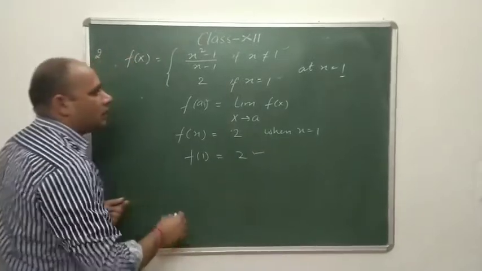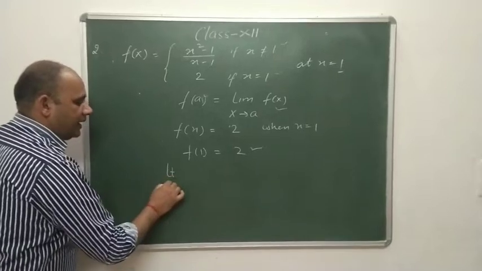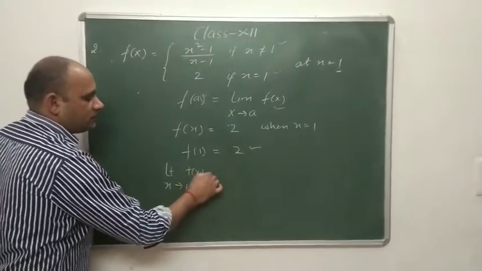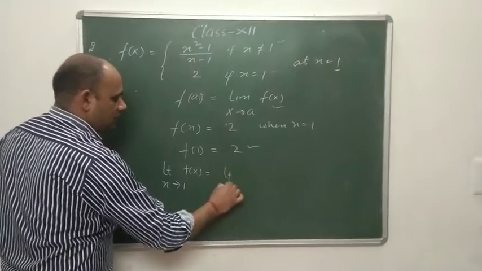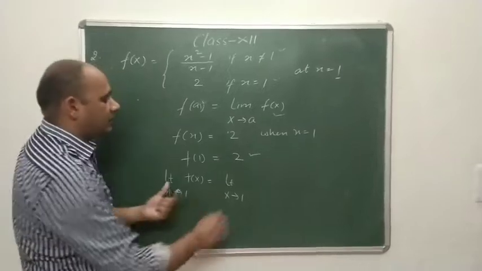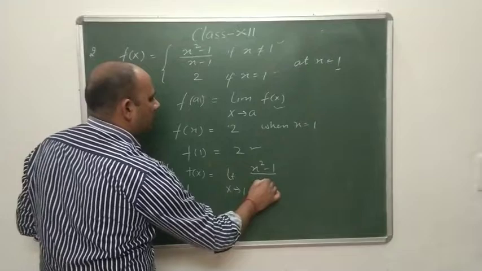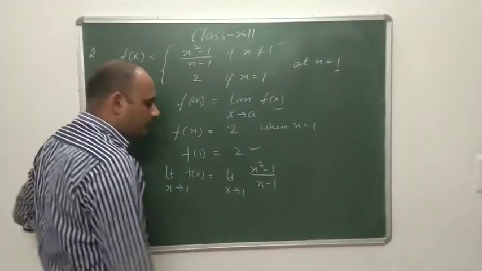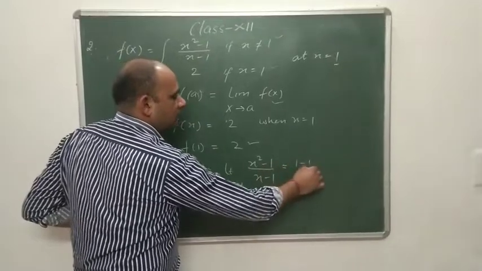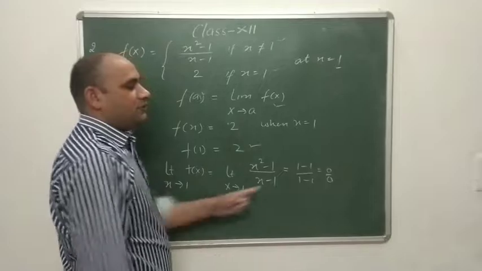Now limit x tends to 1 of f(x), which is x square minus 1 upon x minus 1. If we put 1 here, then 1 minus 1 is 0 by 0, that is meaningless.